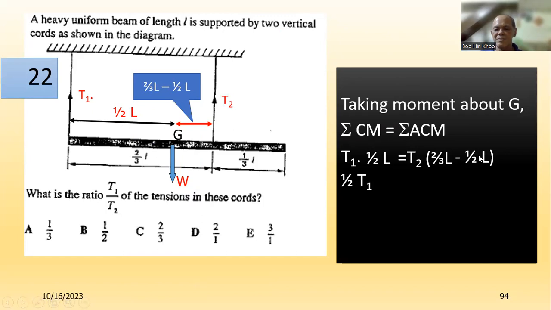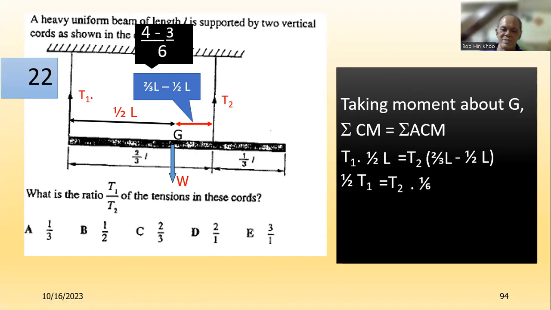L and L can cancel off. So 2/3 minus half, right? 2/3 is 4 over 6. Half is 3 over 6, so it's 1 over 6. So T2 times 1 over 6.